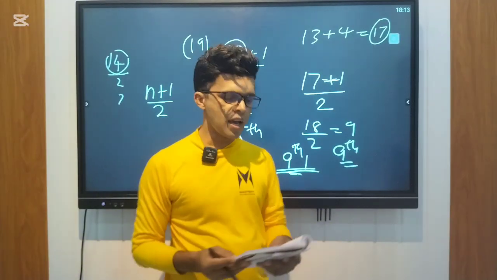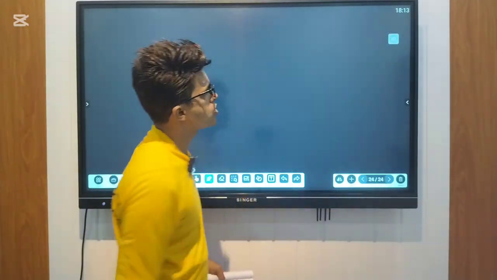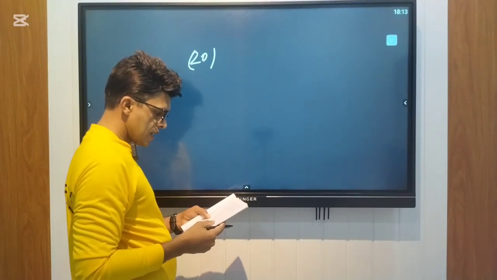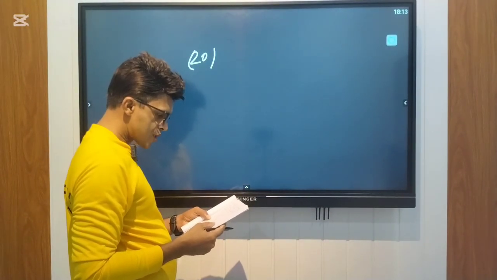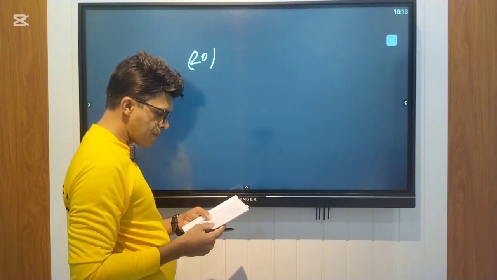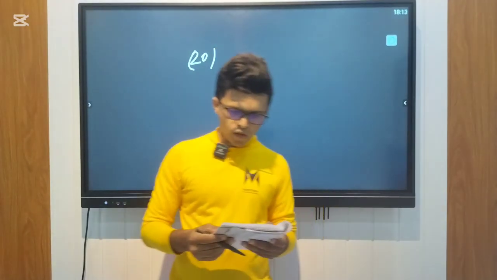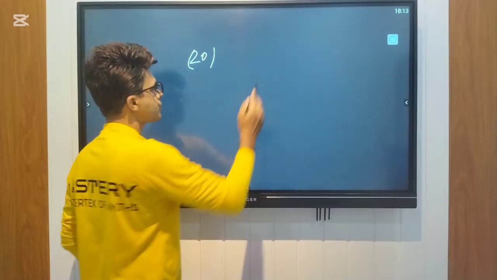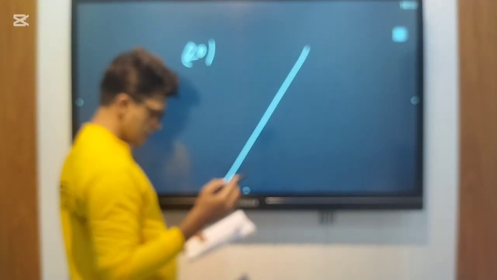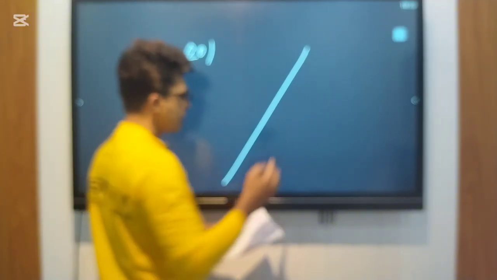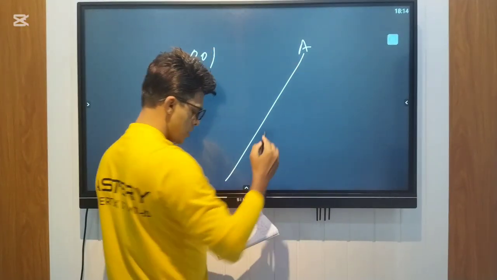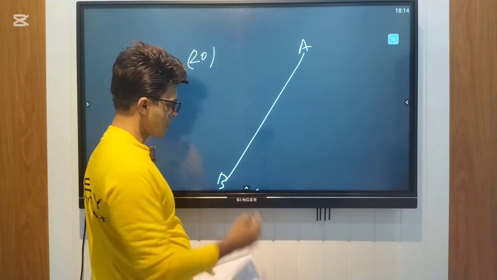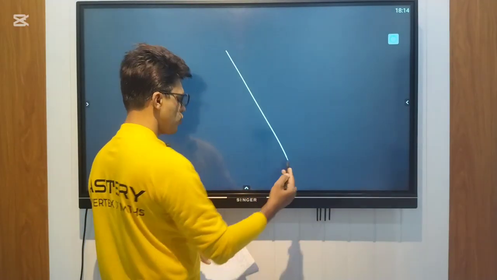Using the knowledge of loci. 20th question. Using the knowledge of loci, we should construct a line to find the midpoint of the line segment AB and name it as P. Here it has given that this is A, this is B. How do we do this?